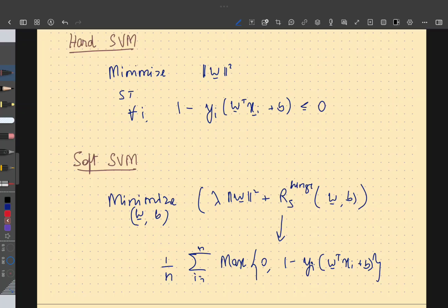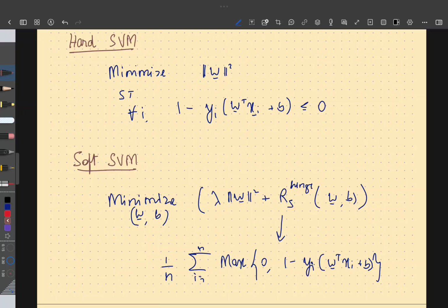All of this works reasonably well when the data set is actually linearly separable, or approximately linearly separable, because in the end, either the hard SVM algorithm or the soft SVM algorithm can't do any better than the best possible linear classifier. Remember that the excess risk consists of two terms, an approximation error and an estimation error, and there's a trade-off between the two.